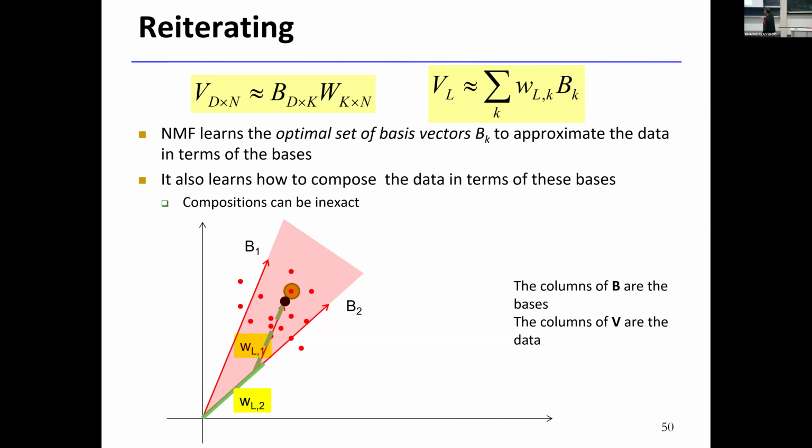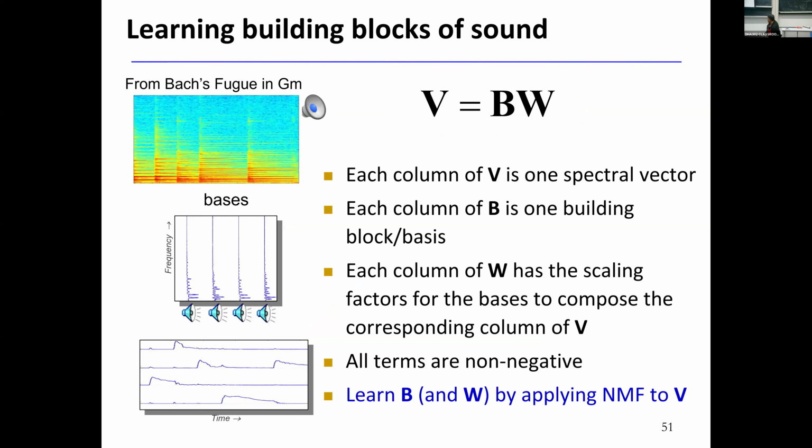NMF is learning the optimal set of bases, B, to compose the data. All right, and so let's see how this does it. Remember, I showed this in my first lecture on linear algebra. This was my Bach's 5 notes from Bach's fugue in G minor. And so this is a spectrogram. It's all non-negative.